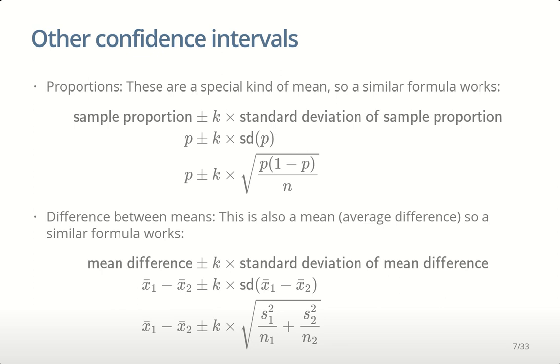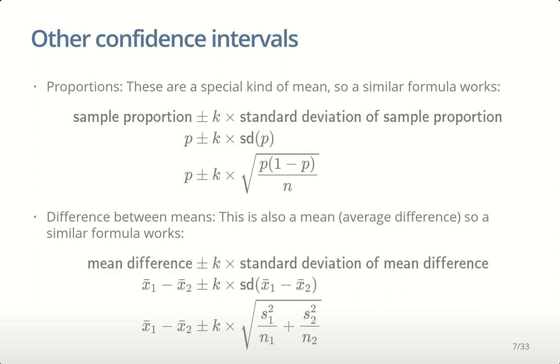Difference in means also is a mean type object, right? So the difference between two populations is also a mean. It's the average difference. So a similar formula works, right? So you'd compute the difference in means from your sample, and then you plus or minus k, where k is maybe 2 for 95% confident, right?